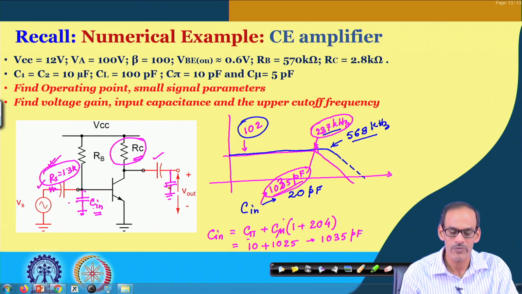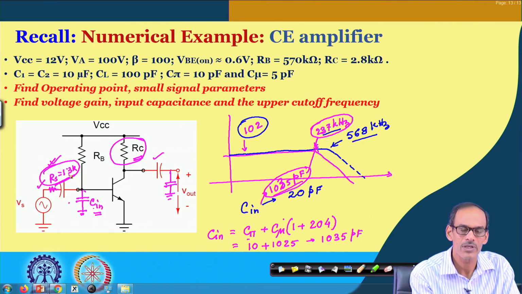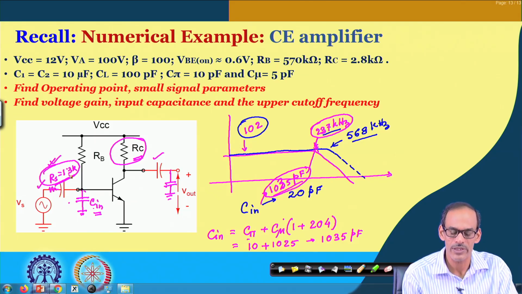In fact, the cascode amplifier has two types of advantages. One is extending the bandwidth, as we just discussed, particularly in the presence of a significantly large source resistance. The other advantage, which is commonly used, is increasing the gain drastically.